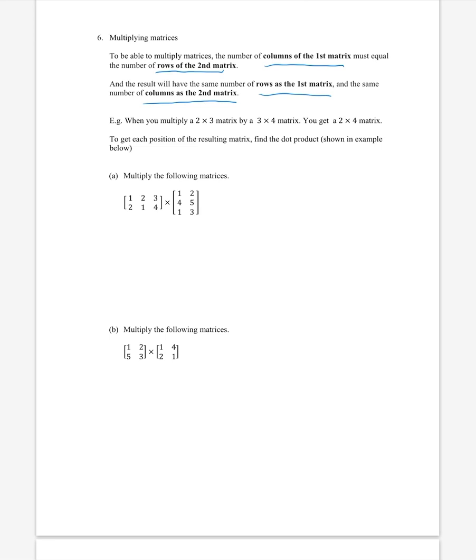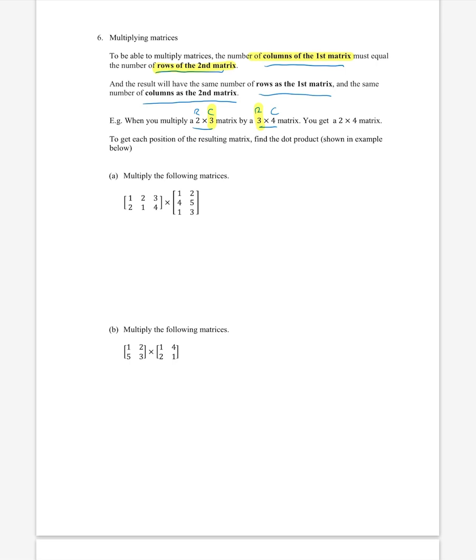So in other words, if we have two matrices here, so this is our rows and columns, and this is our rows and columns. Then, in order for this to work, we've got to have this condition. So let's check that. Those two are matching up.